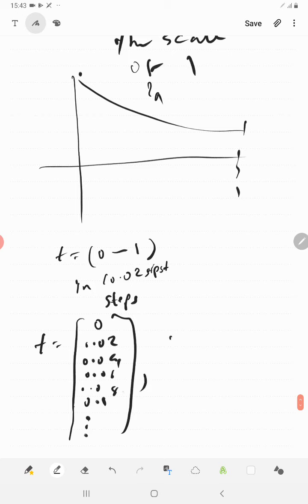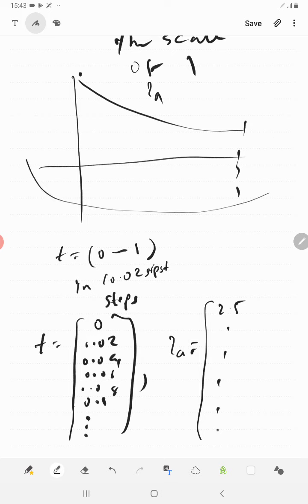Similarly, find what is IA, which belongs to this. This one will be maybe 2.5, and so on. How do you do it? Just put a tracing paper here, on this one, and indicate these points.